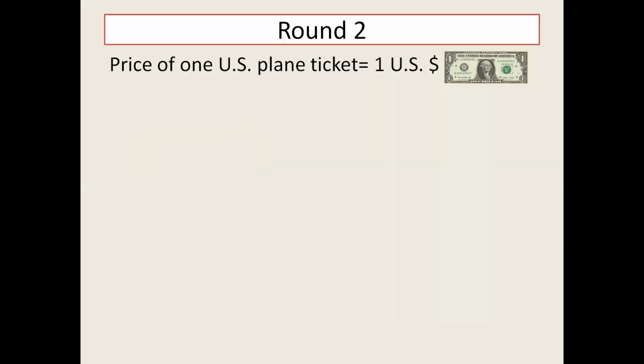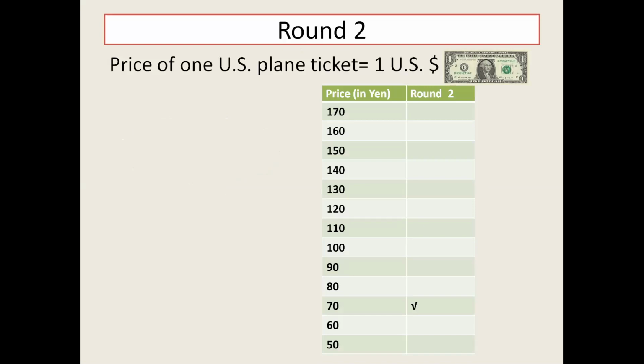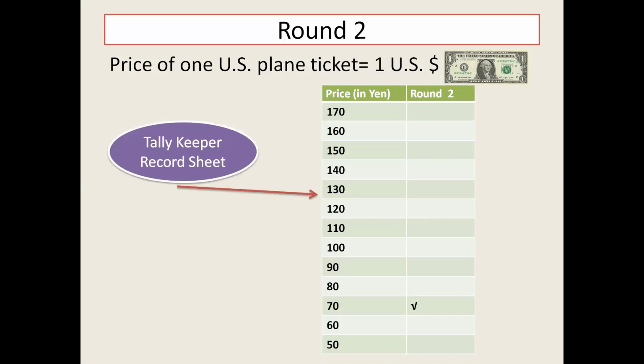Now bid for first US dollar. Okay, that one is sold for 70 yen. Now bid for second US dollar. That one is sold for 90 yen. Now bid for third US dollar. For that you gave me 100 yen. Now bid for fourth US dollar.